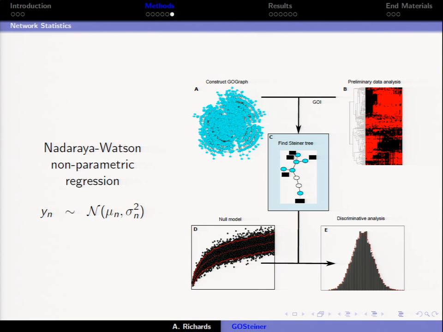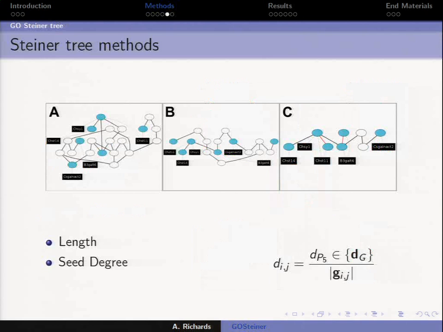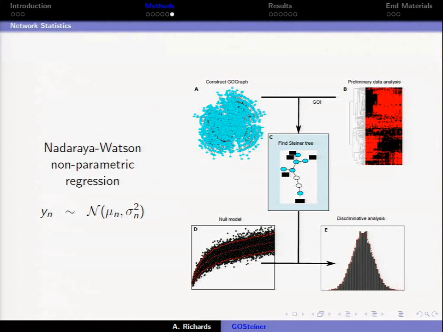Again, we have this Steiner tree, a summarizing structure. We also want a summarizing structure quantitatively, and there are two obvious ways to do that: length and degree. If we use length or degree, we'd have to assume that it's normally distributed.